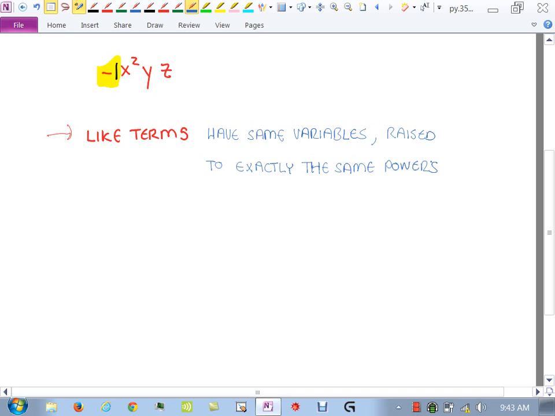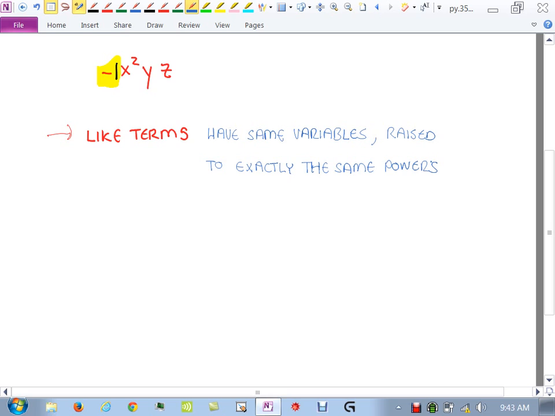That's what it would mean to be a like term. You have to have the same exact variables in there, and the powers on the variables have to be exactly the same also. Notice that to be a like term, I've said nothing about the coefficient. I've said nothing about the number out front, just the letters.